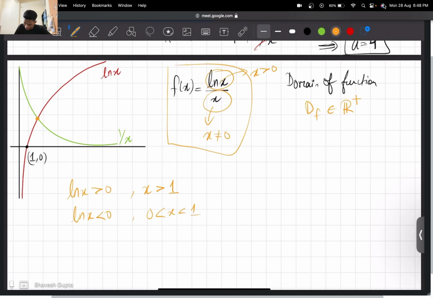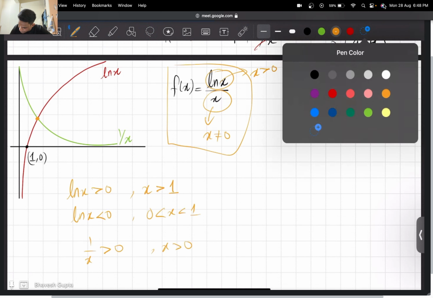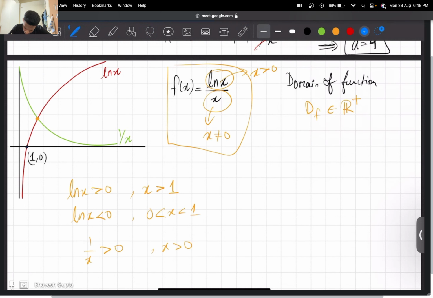And if you see very carefully, my 1 over x is always positive for x greater than 0. So now you can understand how my original function is going to behave. The function will be 0 here, there is no question in that.